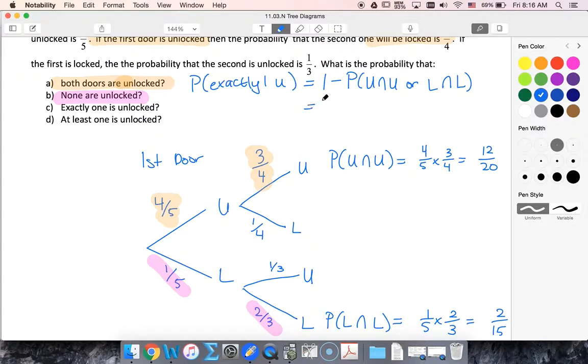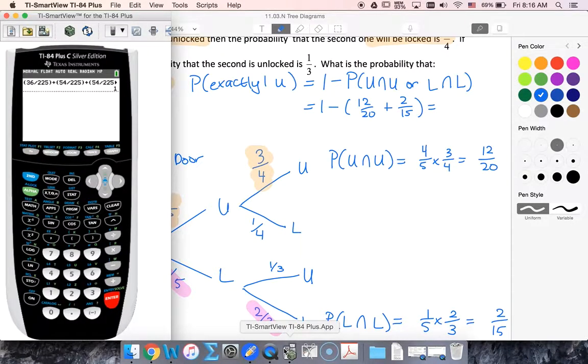So I could do 1 minus 12 out of 20 plus 2 out of 15. So let's work that out. I've got 1 minus 12 out of 20 plus 2 out of 15. And let's make that a fraction. And I get 4 out of 15.